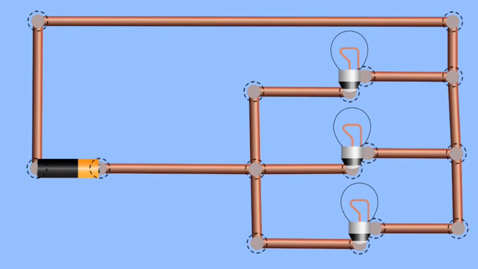So let's take this slightly more complicated circuit. You'll notice that there's one battery and there are 3 light bulbs. And then right here, we have a junction where one wire is joined with 3 wires.